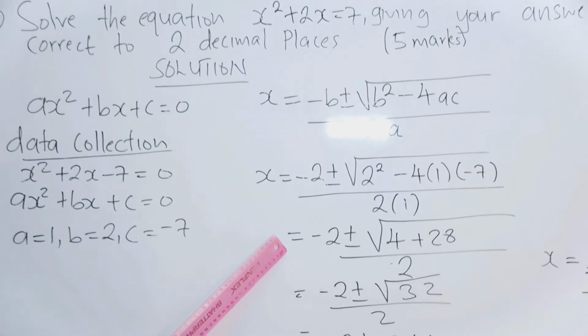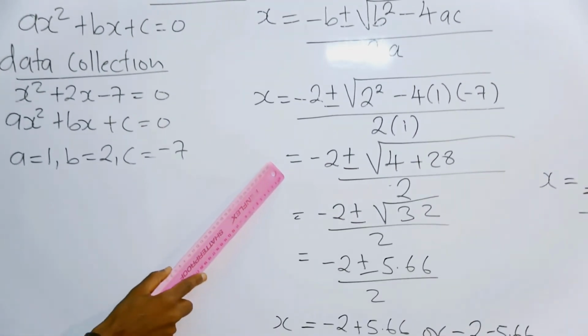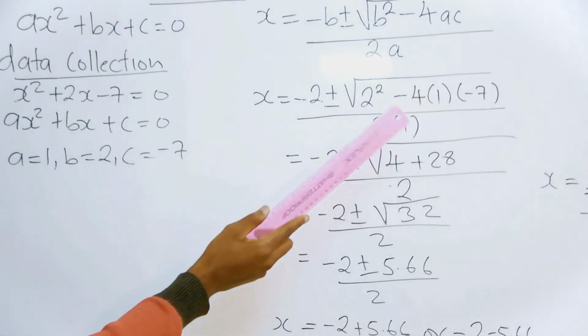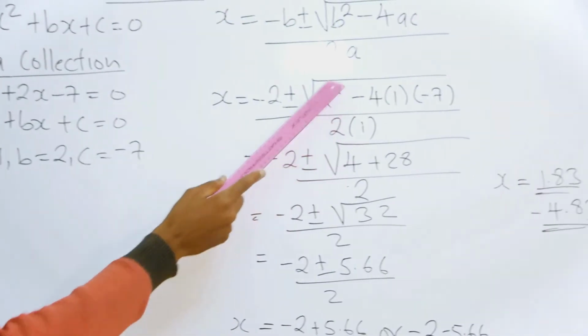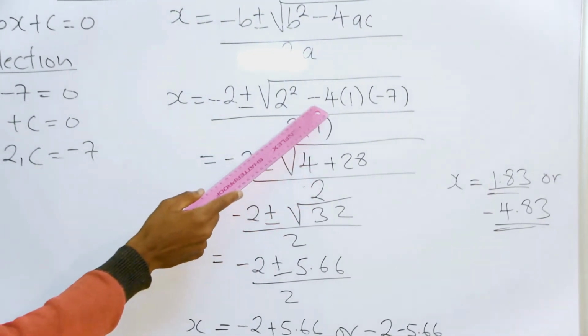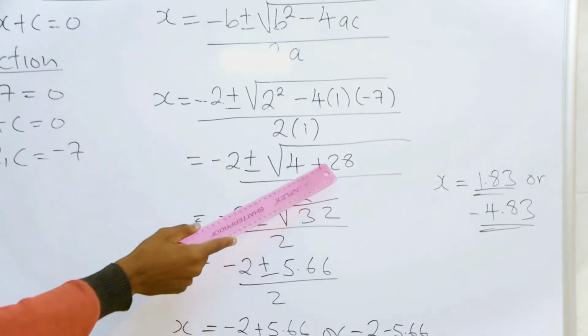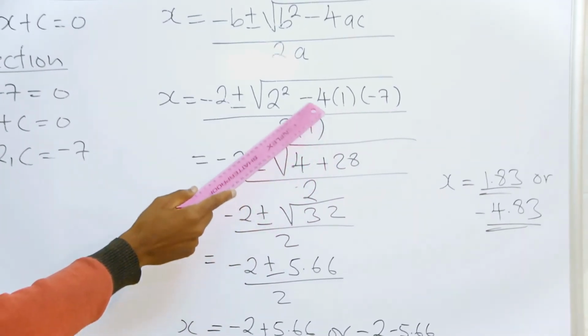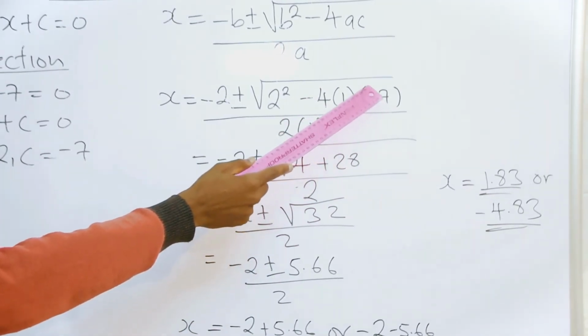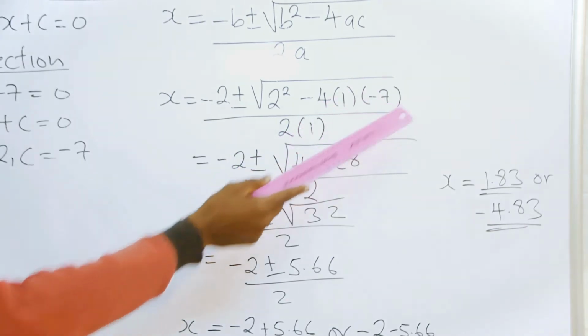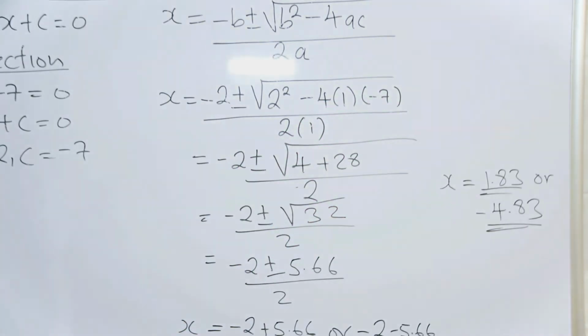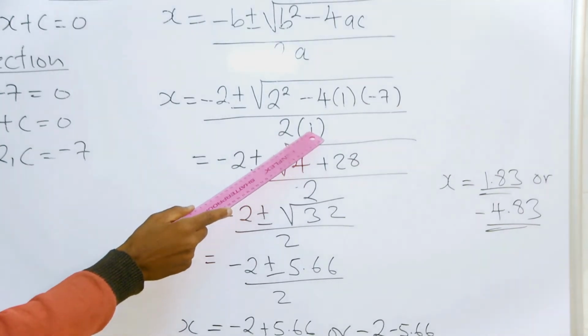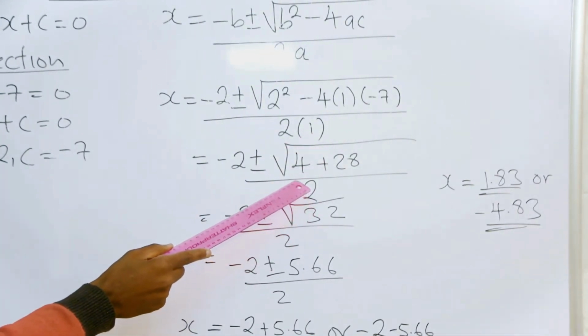This is the second stage, and I've begun working it in the brackets under the square root. So 2 squared is basically 4. Negative by negative gives us positive, which is essentially 4 by 7 to give us the 28 there. 2 by 1 gives us the 2 that is there.